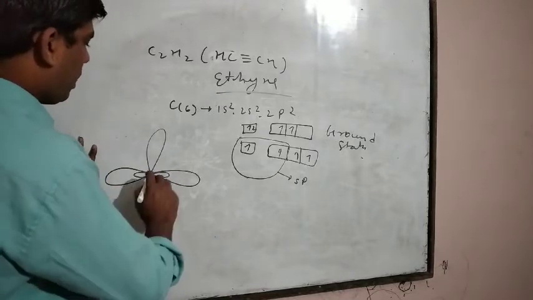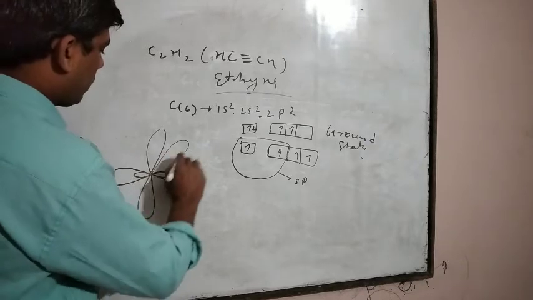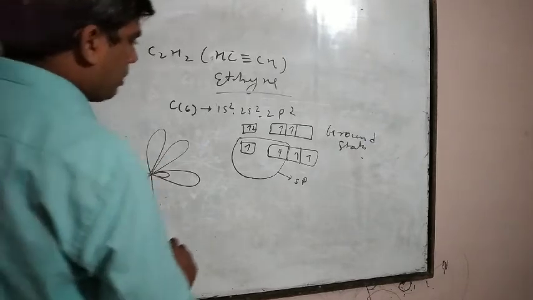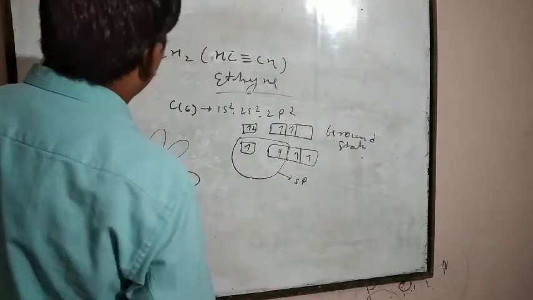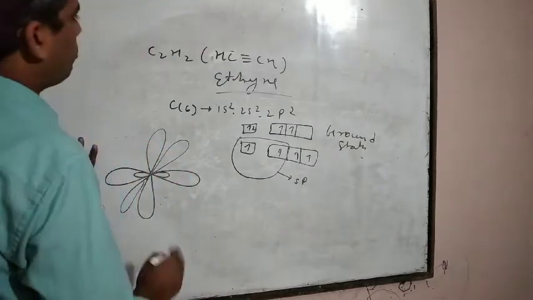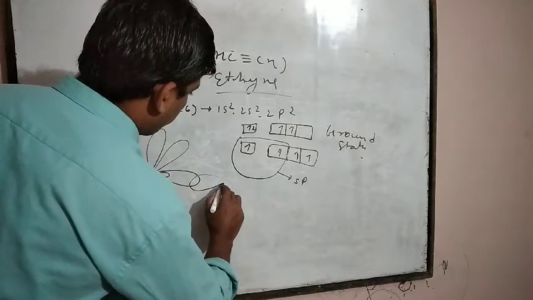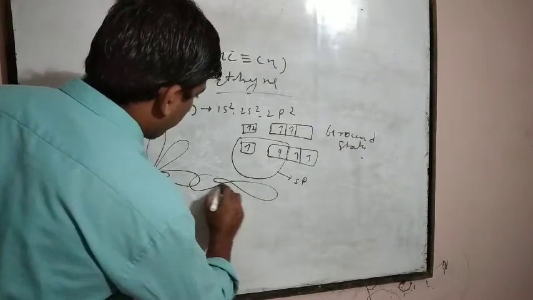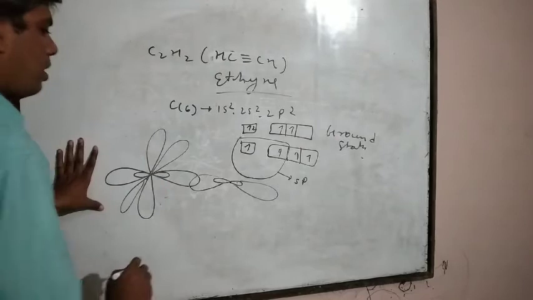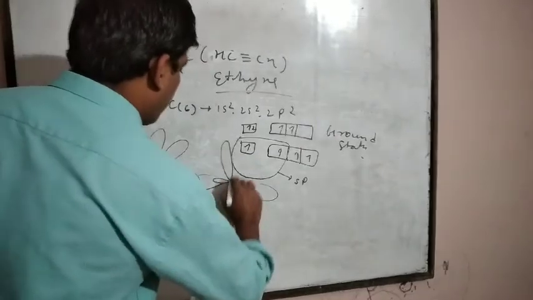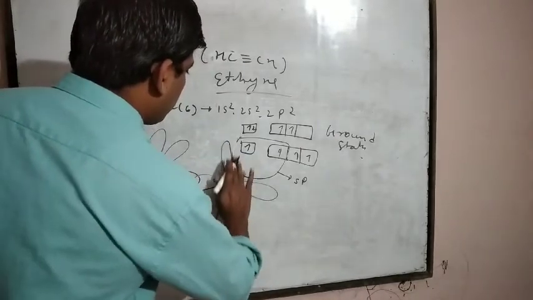This is one unhybridized orbital and this is another unhybridized orbital. Similarly, in the other carbon of C2H2, there are 2 hybridized and 2 unhybridized orbitals.